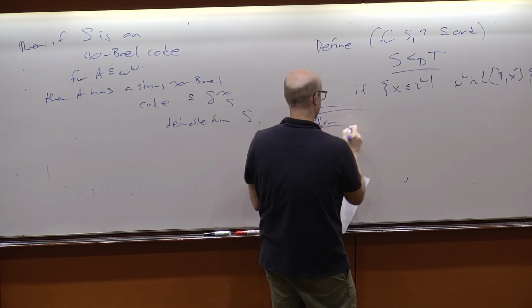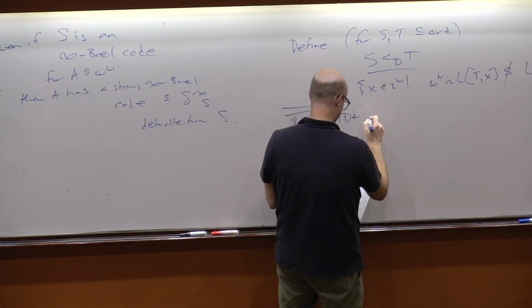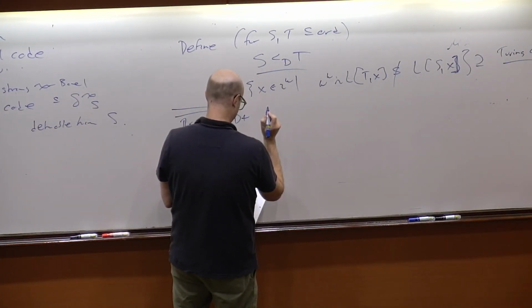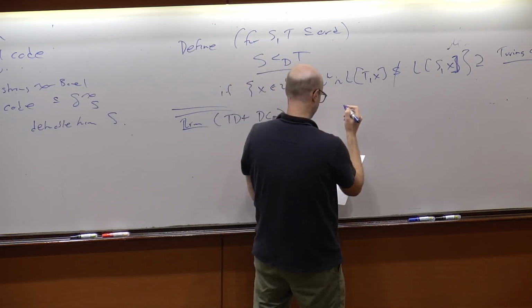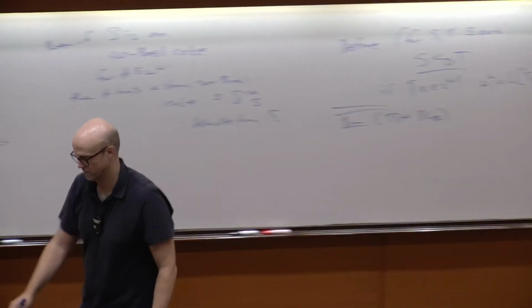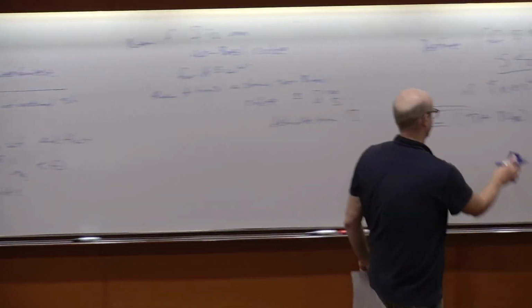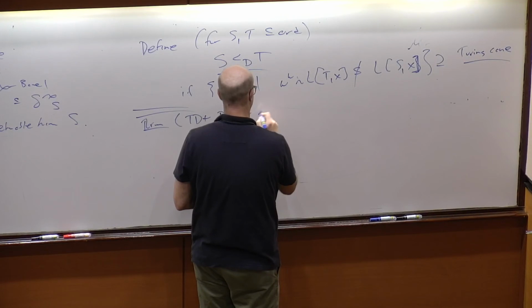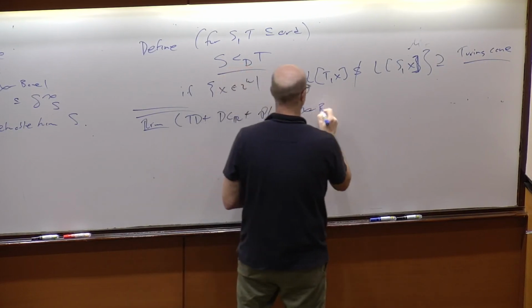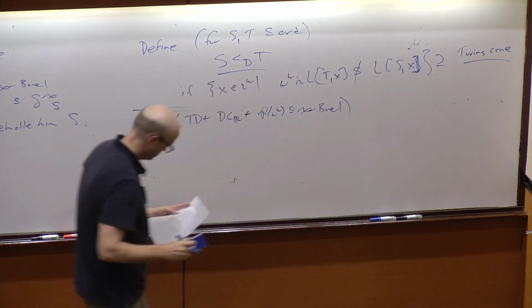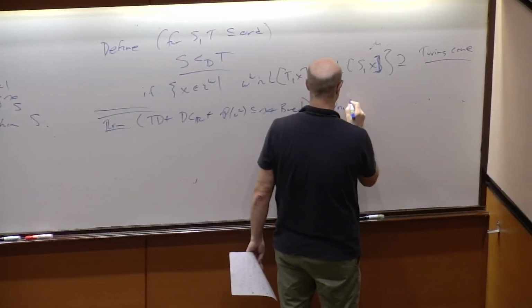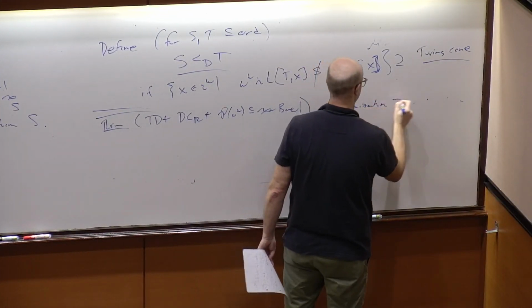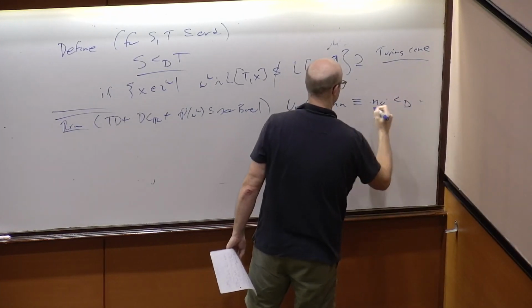Assuming Turing determinacy plus DCR, I think, plus every set is infinity Borel, uniformization is equivalent to there being no D maximal element in this order.